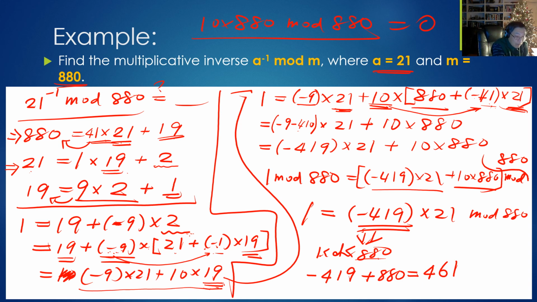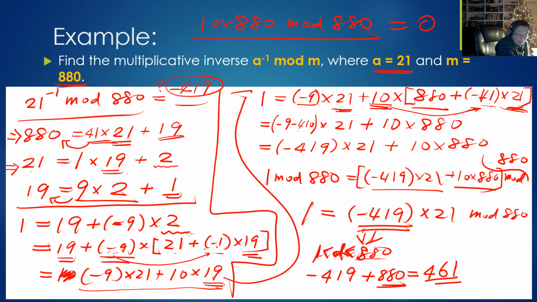Now, so minus 419 is actually the multiplicative inverse of 21 modulo 880, but that number is outside the range of 1 and 880. So if I want a number between 1 and 880, I just add 880.